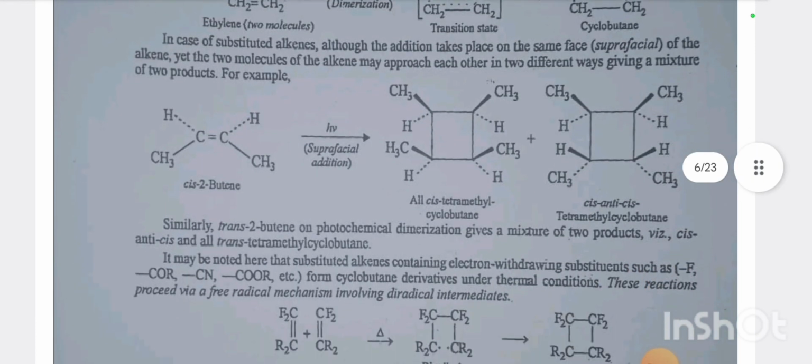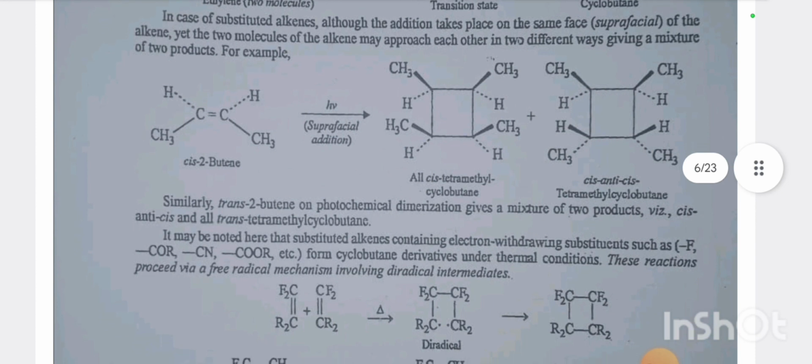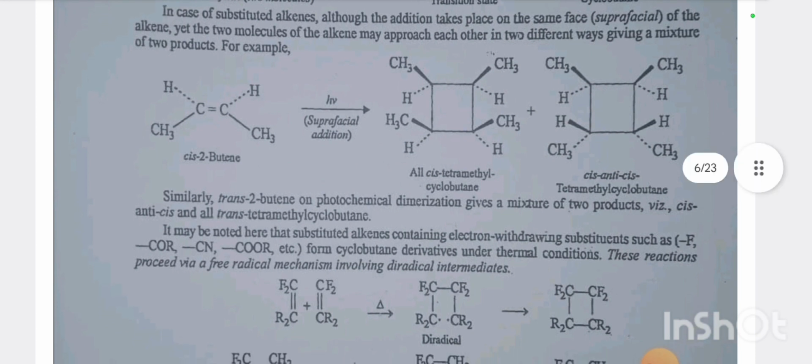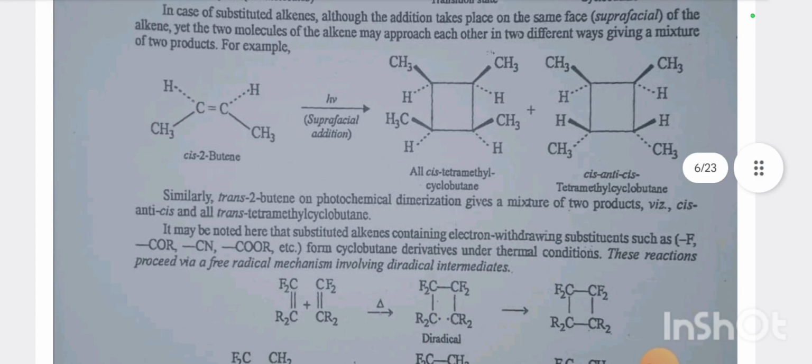In the case of substituted alkenes, although the addition takes place on the same face (suprafacial) of the alkene, yet the two molecules of the alkenes may approach each other in two different ways, giving a mixture of two products. For example, cis-2-butene gives a mixture of cis,syn,cis and cis,anti,cis tetramethylcyclobutane. Similarly, trans-2-butene on photochemical dimerization gives a mixture of two products.